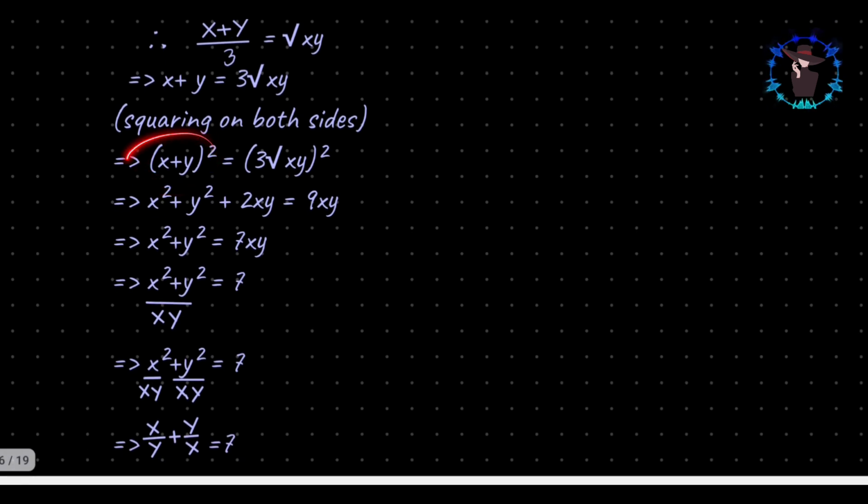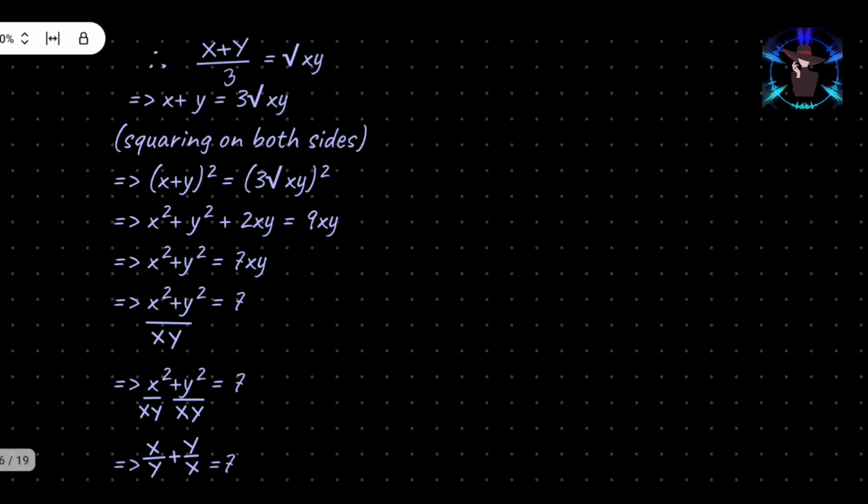Now it is in the form of a plus b whole square, a square plus b square plus 2ab, right? 3 square is 9, square and root cancel, xy remaining. So it's 9xy. x square plus y square is equal to 7xy.